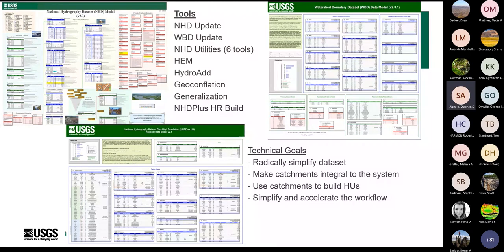And then on the technical side, this is where things got particularly challenging. Up on the left, you'll see the National Hydrography data model, all 170 or so F codes. Over on the right is the WBD data model. Down in the lower section is the National Hydrography Dataset Plus data model.